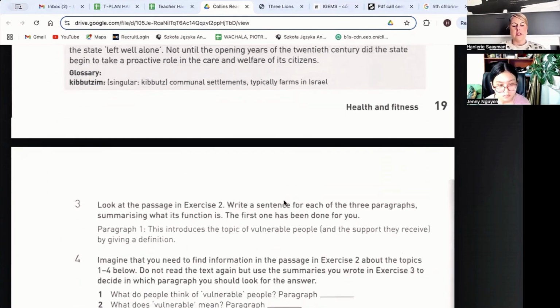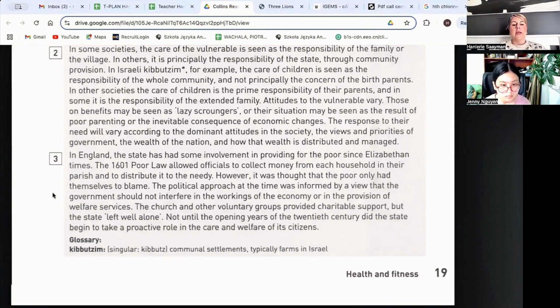Okay, so we're going to do number 3. In England, the state has had some involvement in providing for the poor since Elizabethan times. The 1601 Poor Law allowed officials to collect money from each household in their parish and to distribute it to the needy. However, it was thought that the poor only had themselves to blame.